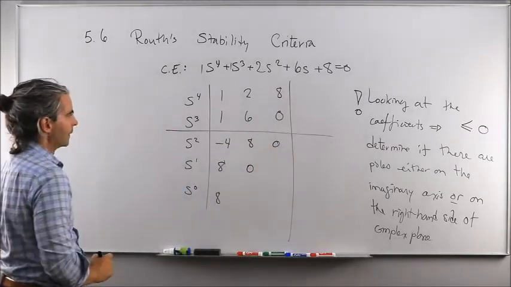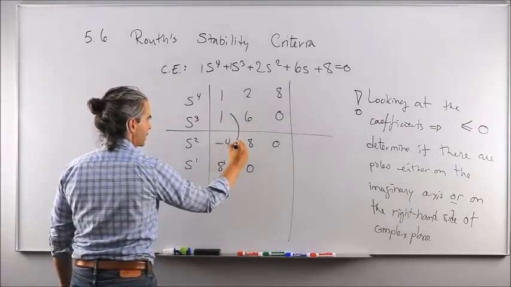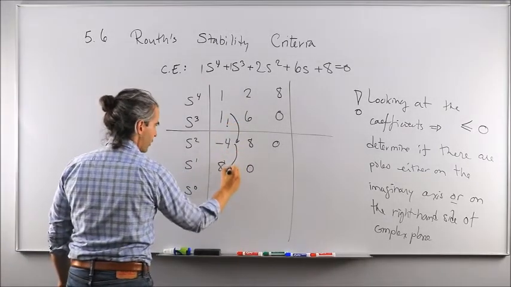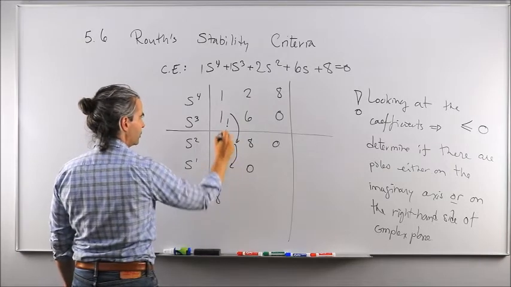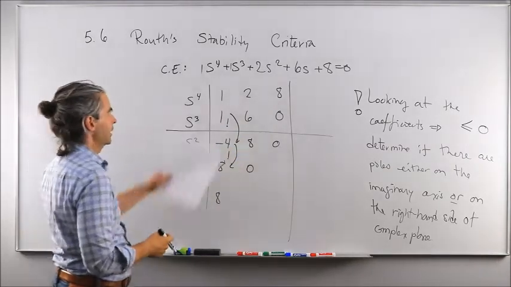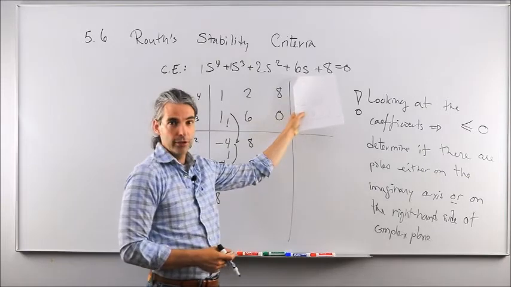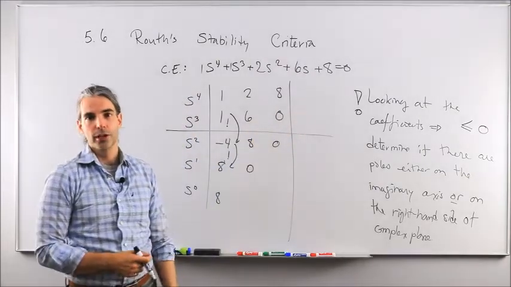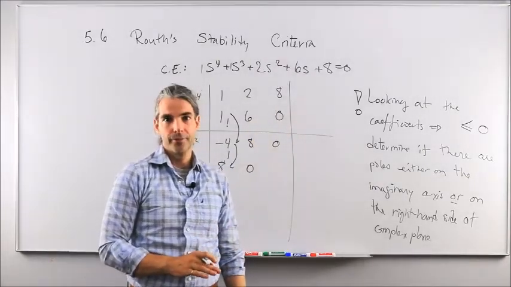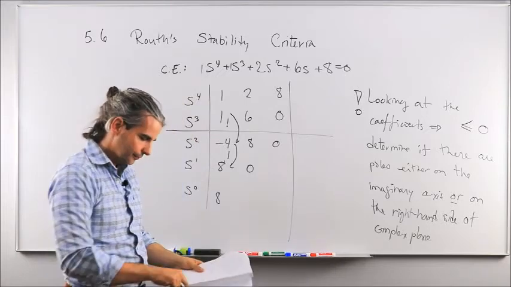And that's it. So now I have one sign change, another sign change. So two sign changes. That tells me that this characteristic equation is related to an unstable closed loop transfer function, and that's it. As easy as this, okay?